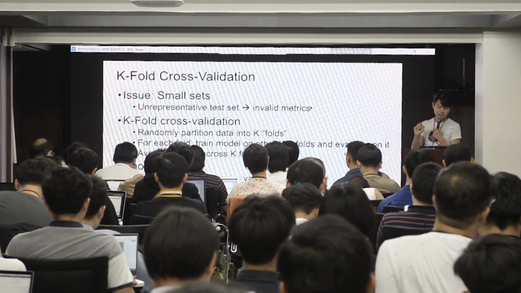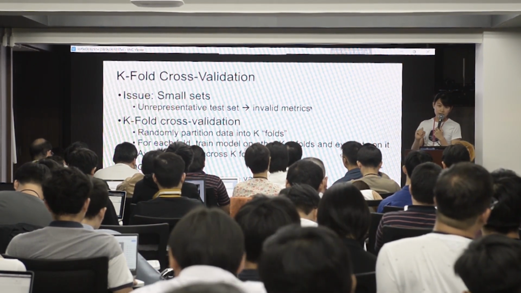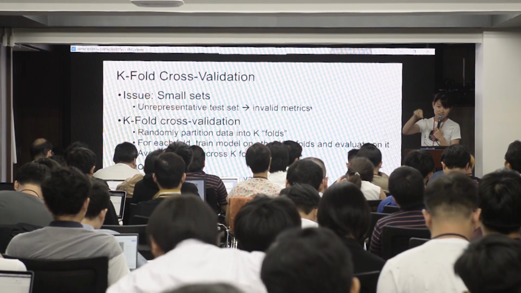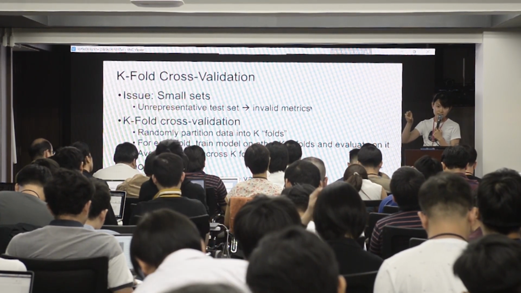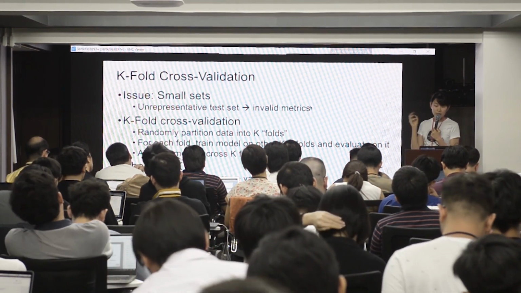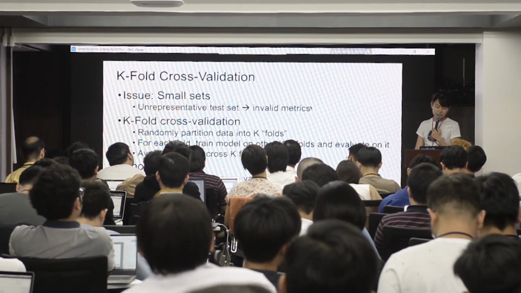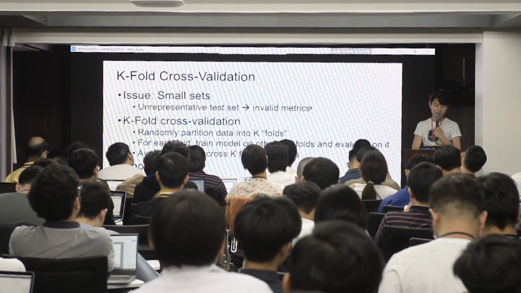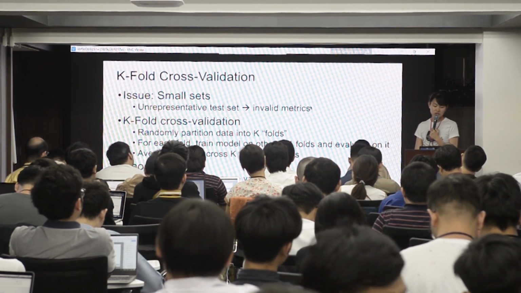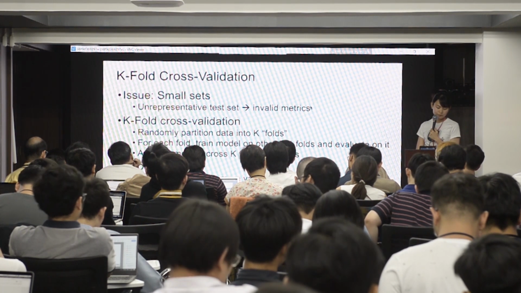You get an accuracy result, and you do that for each of the k folds, so k times in total, and then you average the metric scores to get the total performance, which is pretty useful in traditional statistical modeling.